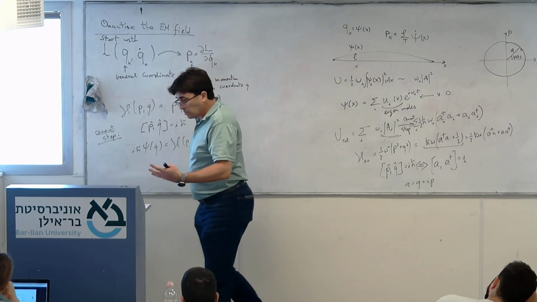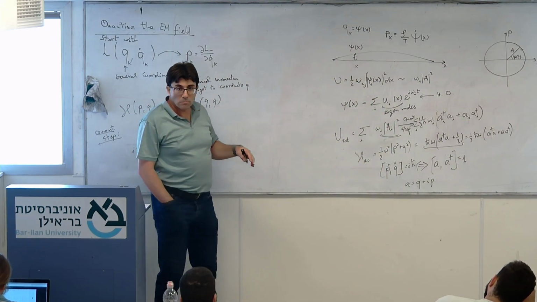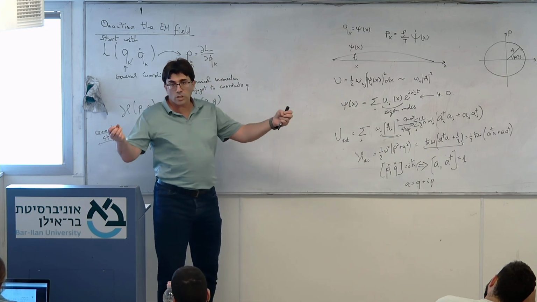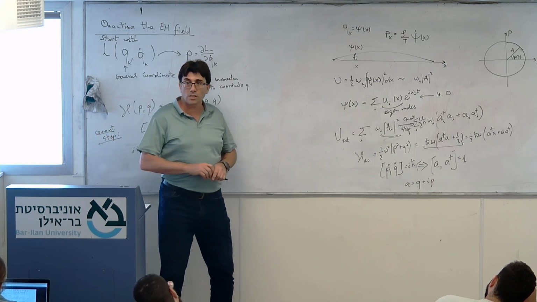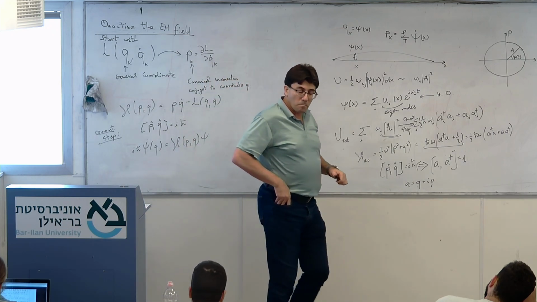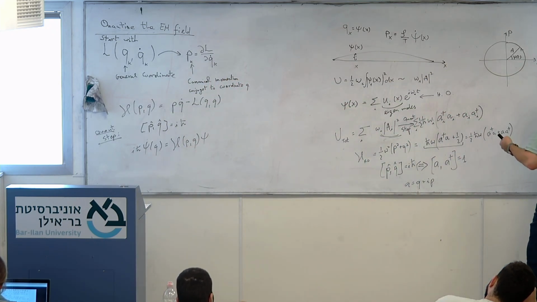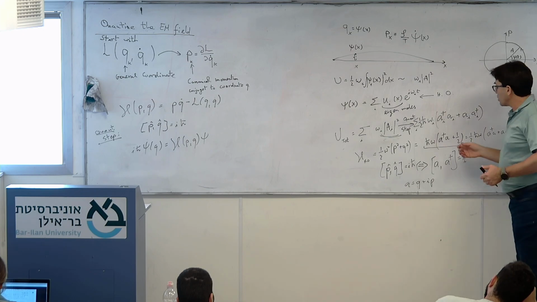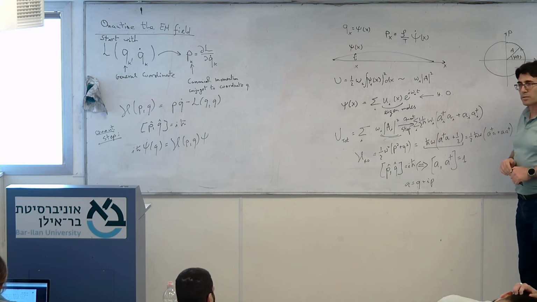For us, what is oscillating? There's nothing physical oscillating in space. It's the electric field that is oscillating in space. And therefore, the complex amplitude of the electric field is going to be related to the creation or annihilation operator.